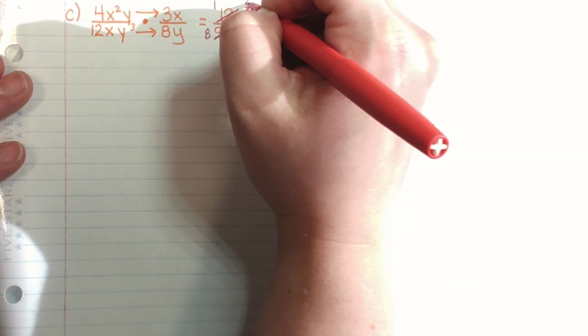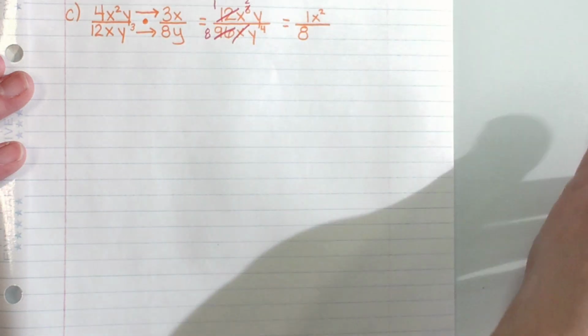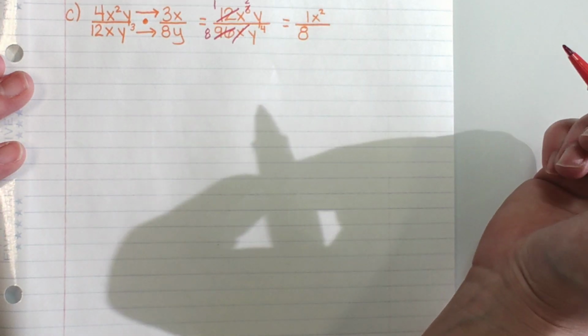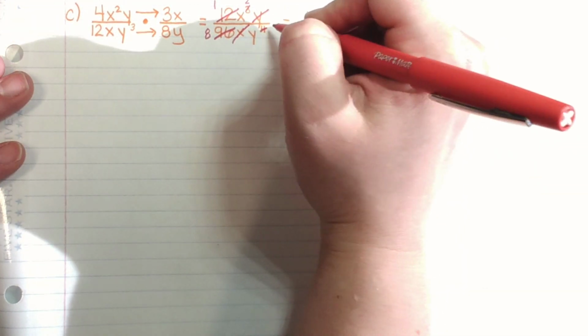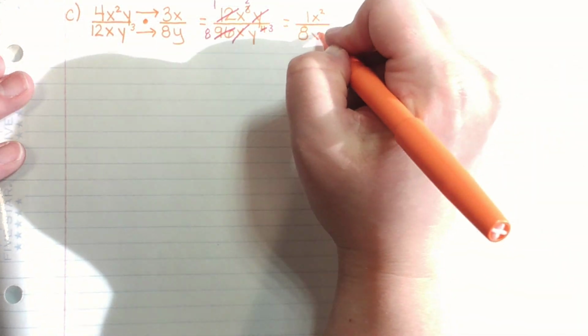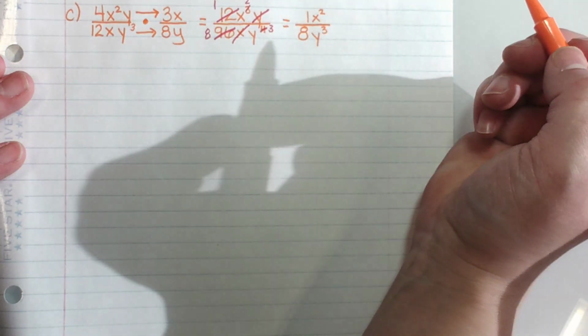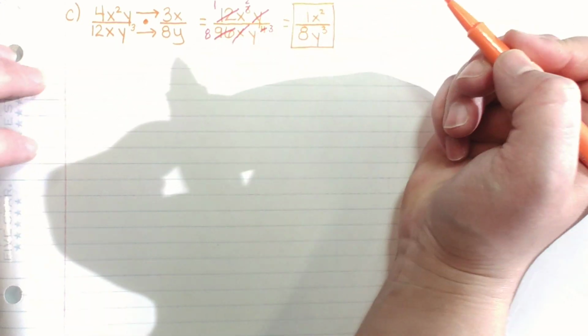This one becomes x to the power of 2. So there's an x to the power of 2 on top. Y on top, y to the fourth on bottom. Can divide them both by y. This leaves y to the third on bottom. That's our simplified form.